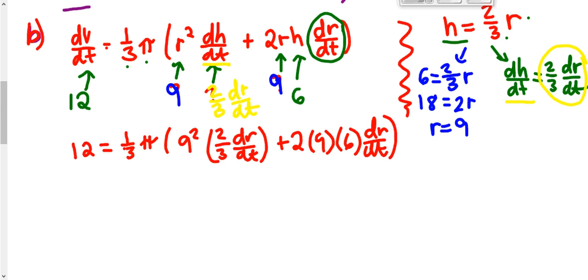So all we have to do is simplify. Yes, we plugged all our numbers in, but we don't have dr/dt equals. As soon as we have dr/dt equals, we don't have to do anything else. This is an FRQ. We don't need to simplify or anything.